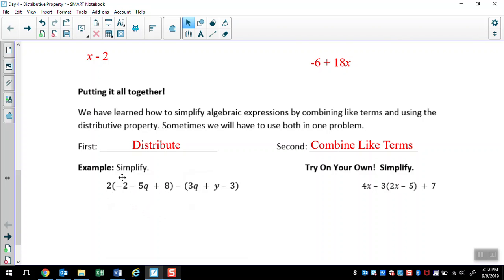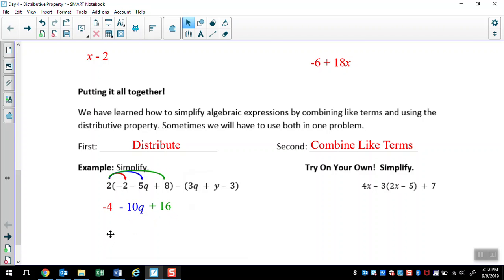So I'm going to take my 2, and I'm going to distribute it to negative 2. Gives me negative 4. Now I'm going to do 2 times negative 5. That's going to give me a negative 10q. Then I'm going to do 2 times that positive 8. And that is going to give me a positive 16.